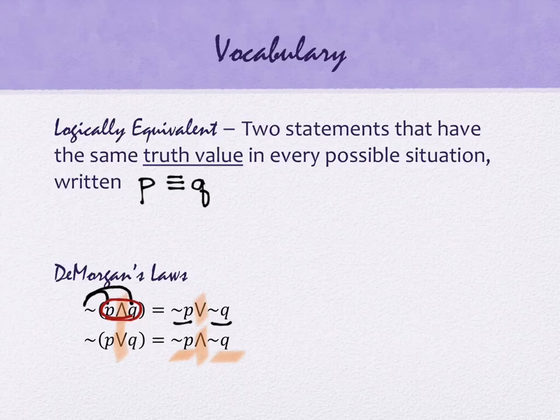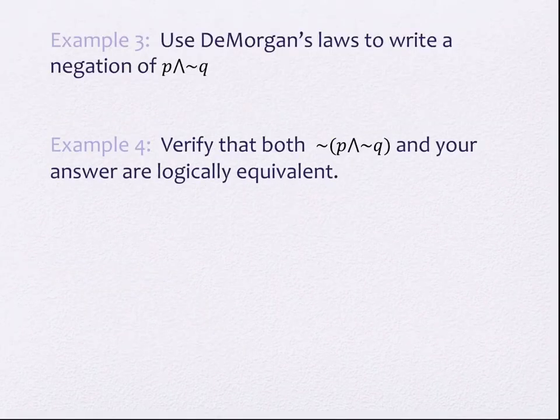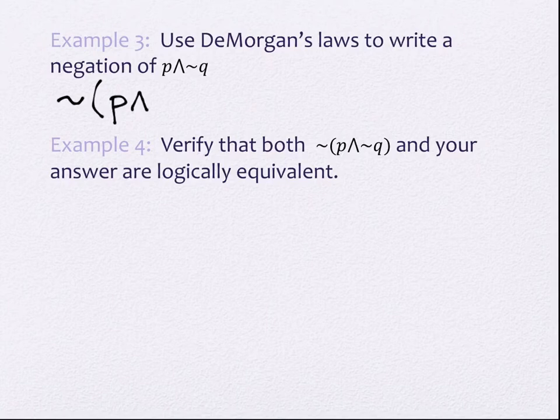So we are going to use that logic to do example 3, and then we'll pick up with example 4 next time because we won't have time to finish example 4 if I start it. So if I use De Morgan's laws to find the negation, I'm asking you to find the negation of P and tilde Q. This is just a symbols argument right now.